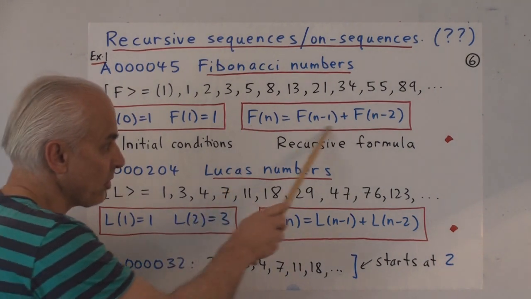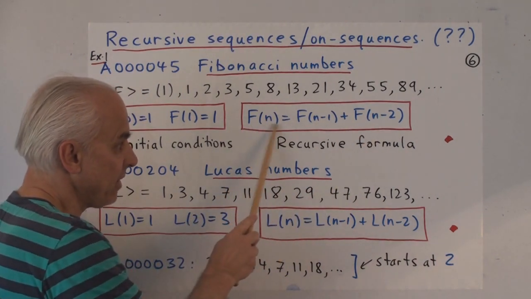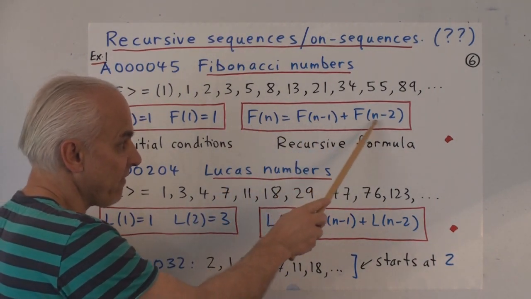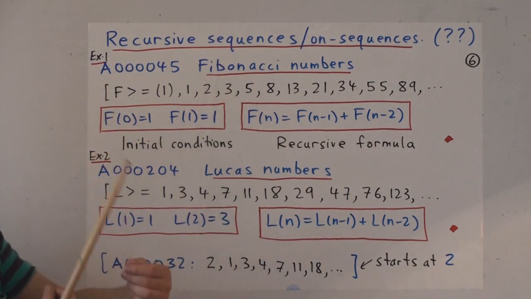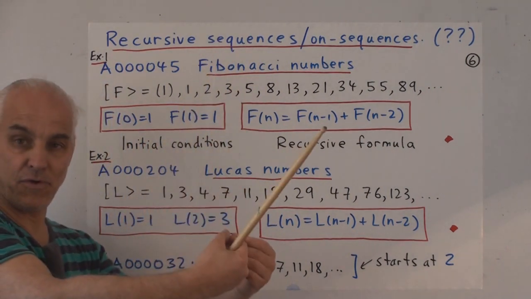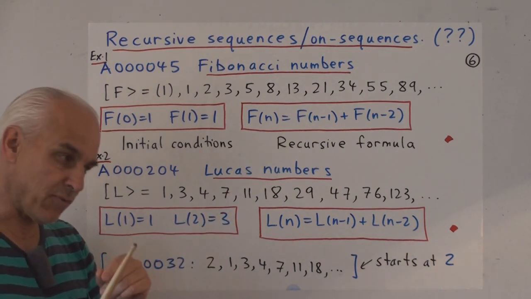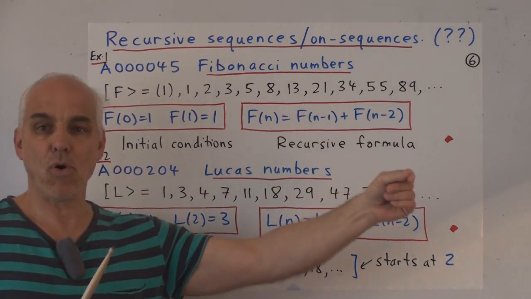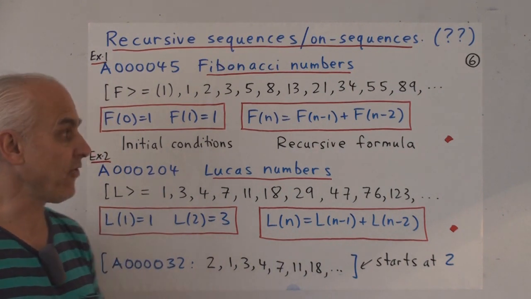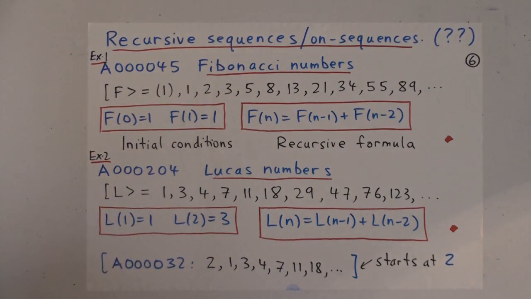After that, the recursive formula Fn equals Fn minus 1 plus Fn minus 2 describes how we can get any further element from knowing the previous two. So we can recursively generate more and more terms in this sequence.